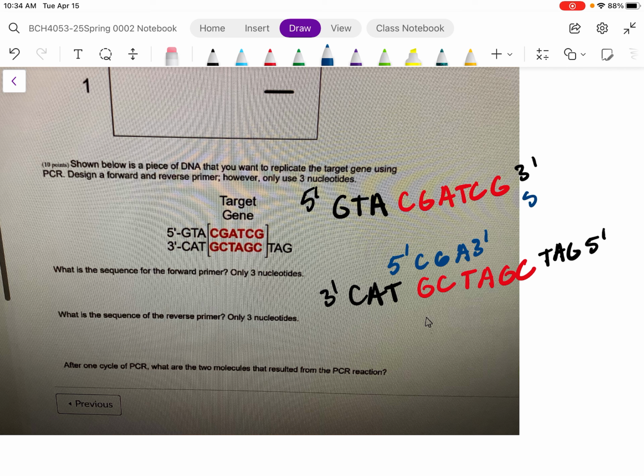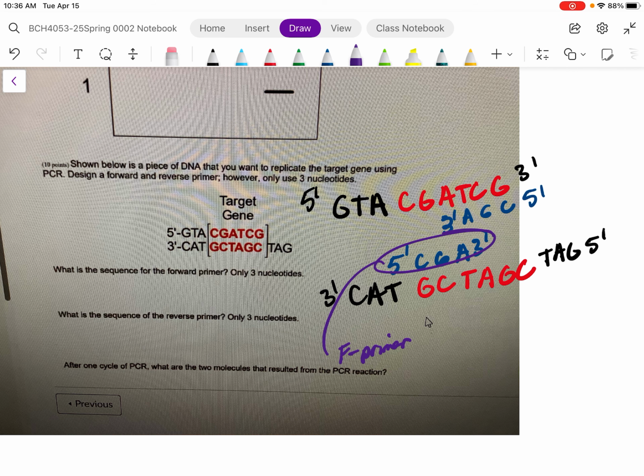And then on this strand right here, we are going to generate, let's see, CGA. There's that. So let's do it this way. Circle that. That is our forward primer.